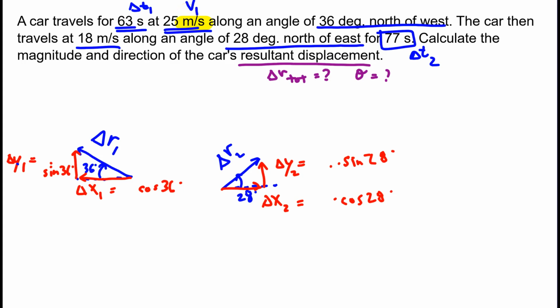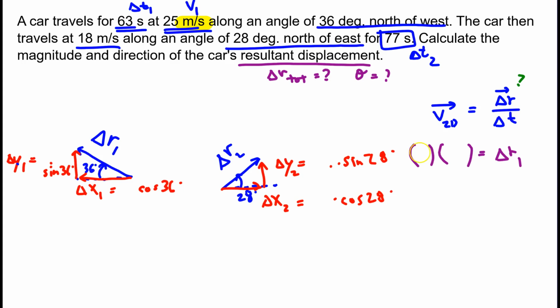Well, hang on, I have an equation that says 2D velocity is 2D displacement over time. So how do I find displacement, delta r? We cross multiply. So this first delta r is simply the first velocity multiplied by the first time.